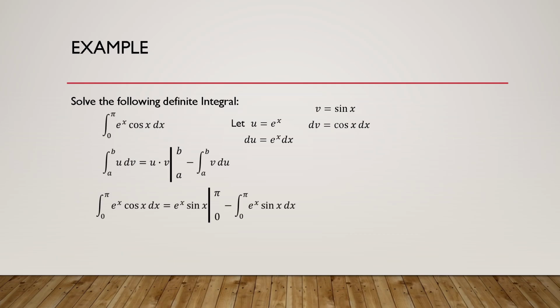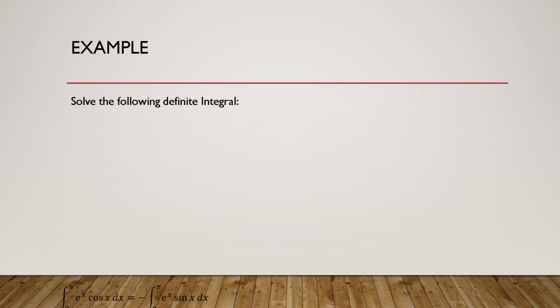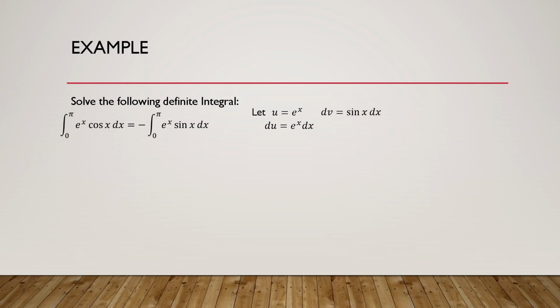The evaluation of the first part of this arrives at e to the pi times 0 minus e to the 0 times 0. This term is 0 and can be dropped, leaving the integral from 0 to pi of e to the x cosine x dx equals negative the integral from 0 to pi of e to the x sine x dx. We now apply integration by parts to the new right half of the equation by letting u equal e to the x, du equals e to the x dx. dv equals sine x dx, and v equals negative cosine x.